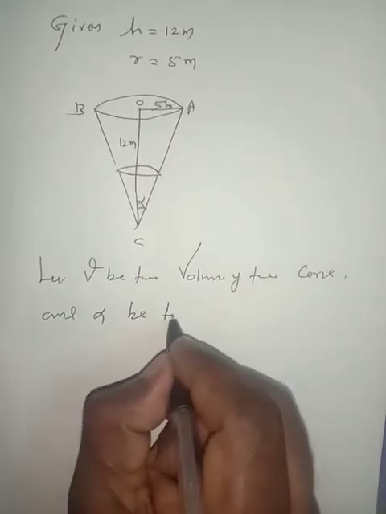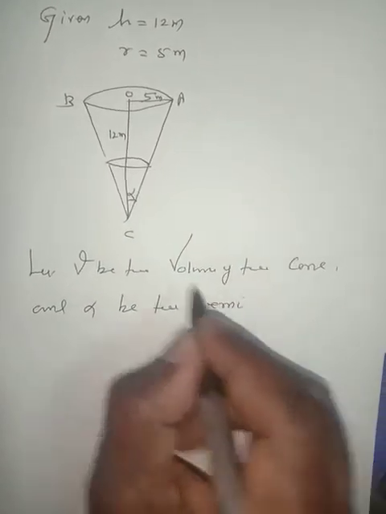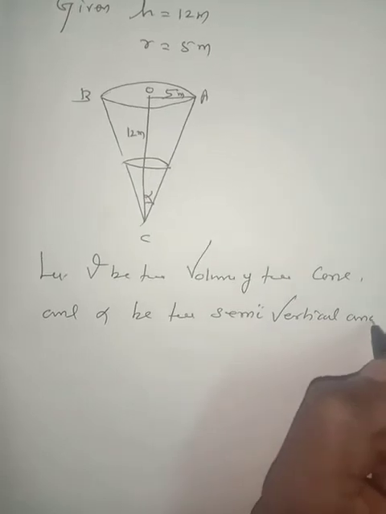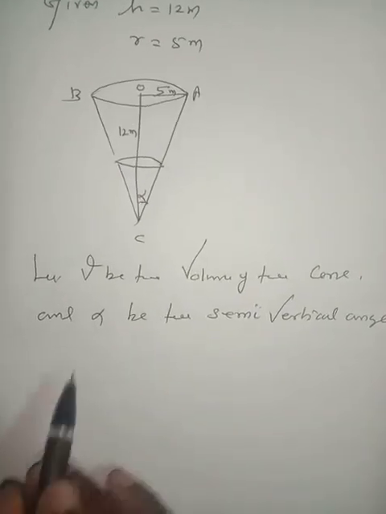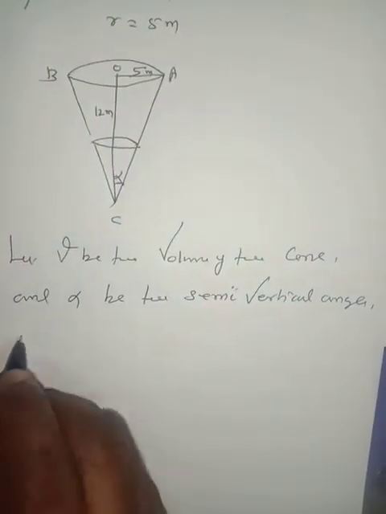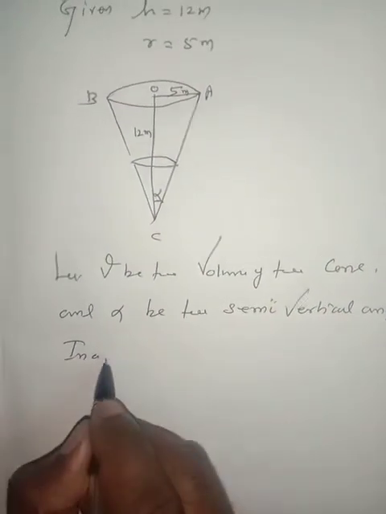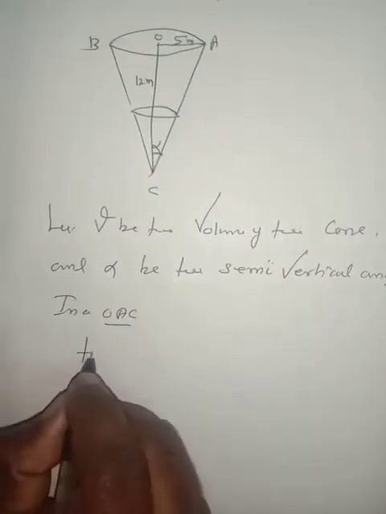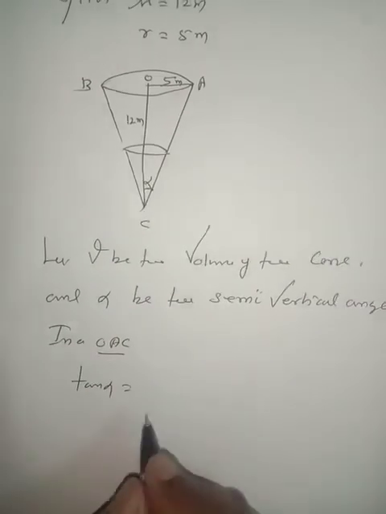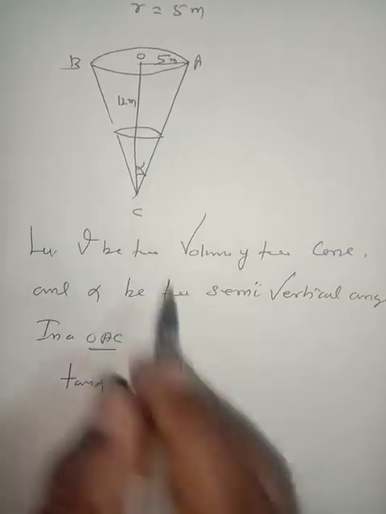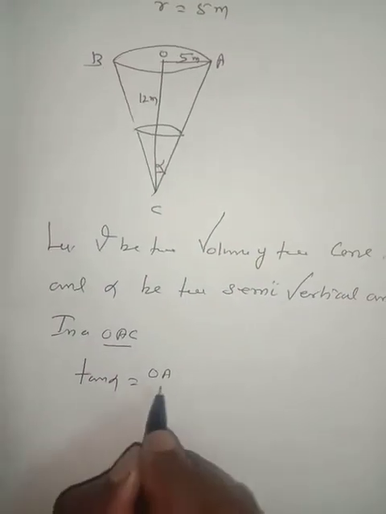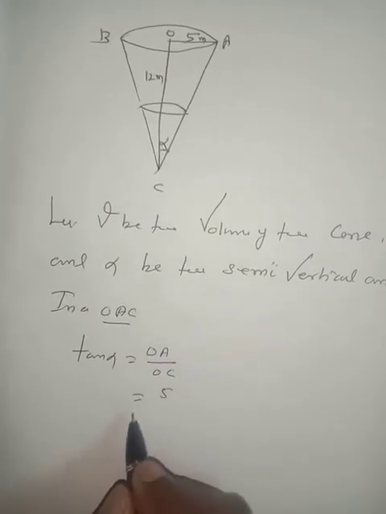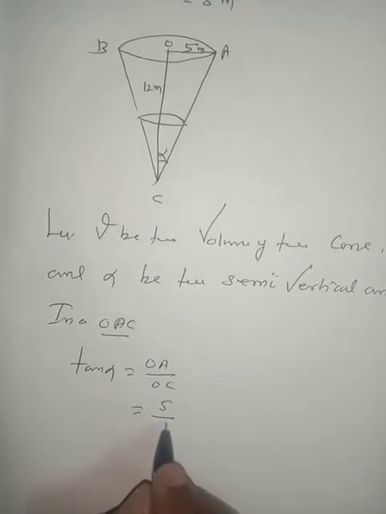Now using triangle OAC, tan alpha is equal to OA by OC, opposite side by adjacent side, which is equal to 5 divided by 12.